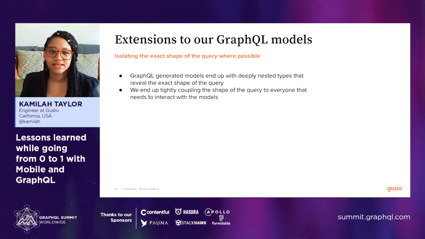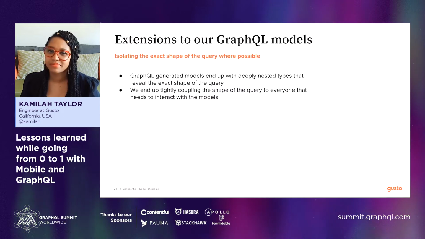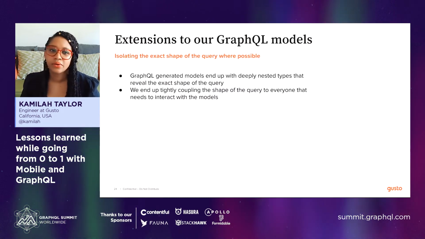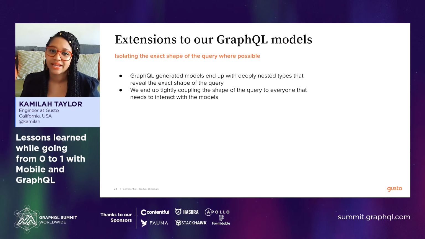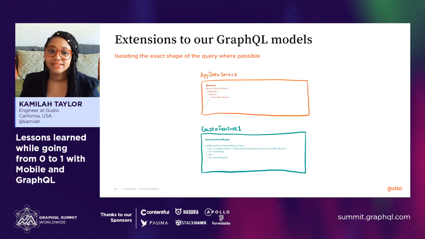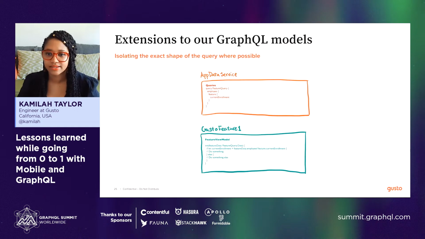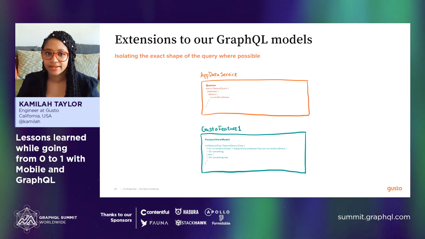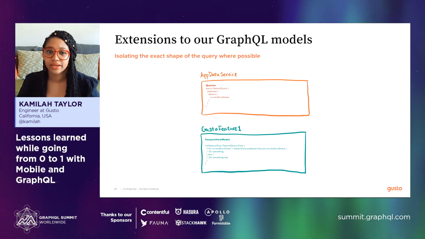This means that when the schema evolves, perhaps moving the fields around, we end up having to change that in every view model or coordinator that interacts with that model data. We had some really tedious refactors that happened when that started to happen. And this is how we started working on using extensions.